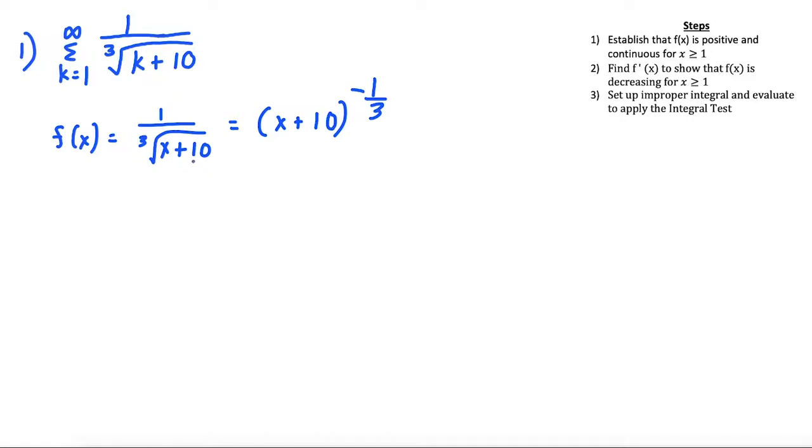So that condition is satisfied. And the cube root function here is continuous as long as x is not equal to negative 10. But for values of x greater than or equal to 1, there's no restrictions on which x values we could plug in here. So we could say first that f of x is continuous and positive for x greater than or equal to 1.